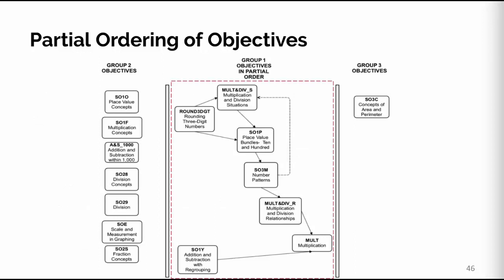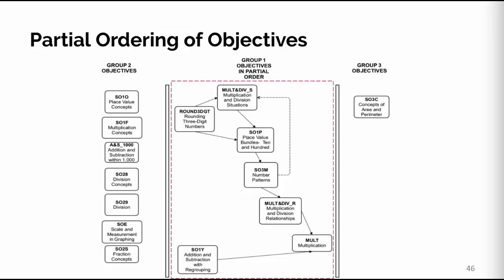After separating the group 2 and 3 objectives, we use the dark red tiles to create a binary partial order between the dark red tiles that involved group 1 objectives and their prerequisite objectives.